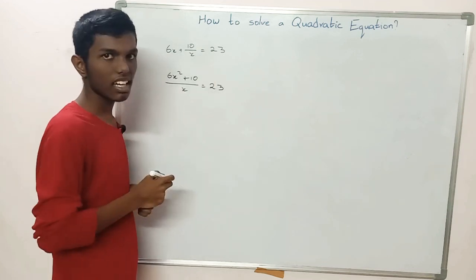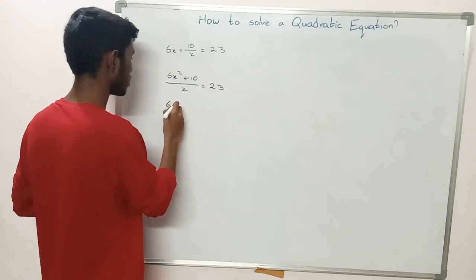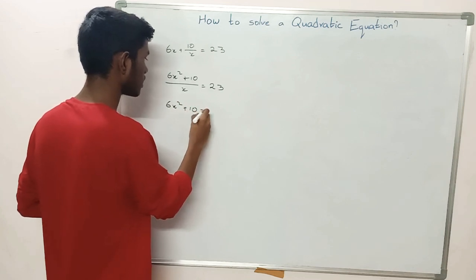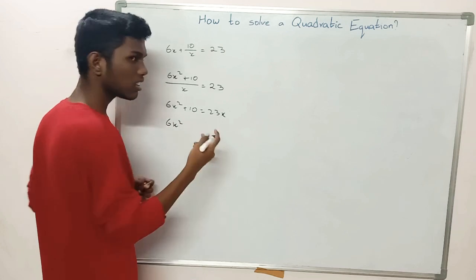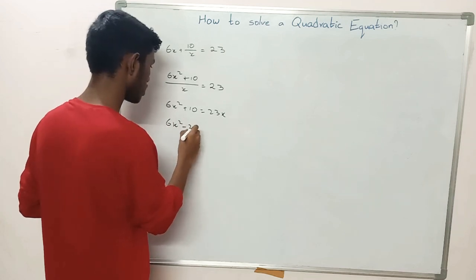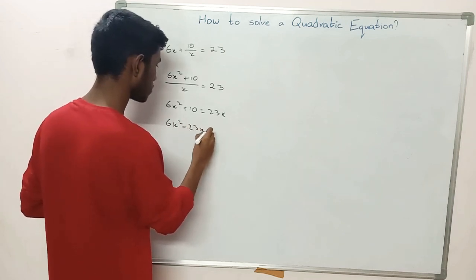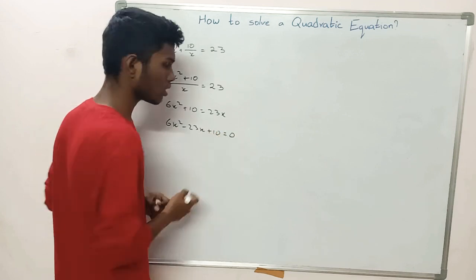And sending this x to the right hand side, 6x square plus 10 is equal to 23x. And sending this to LHS, 6x square minus 23x plus 10 is equal to 0.